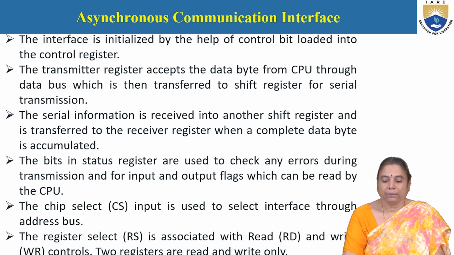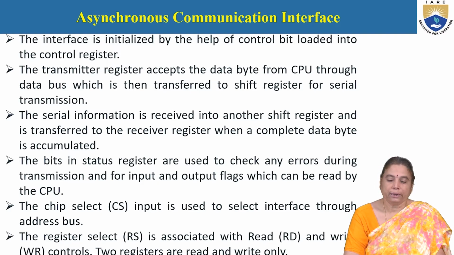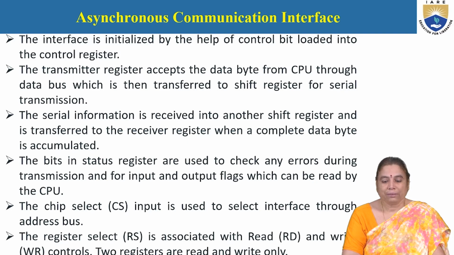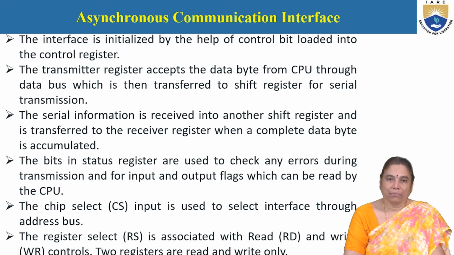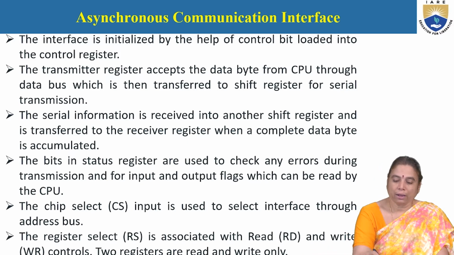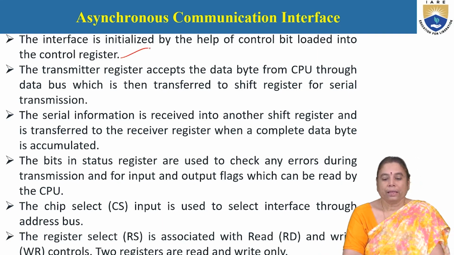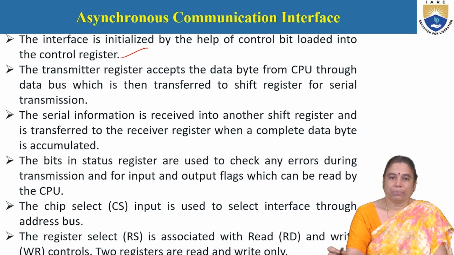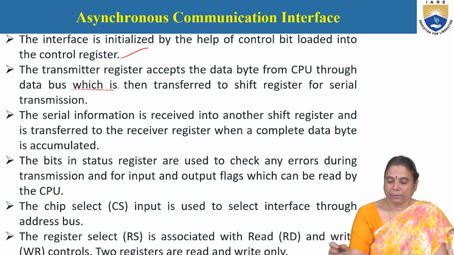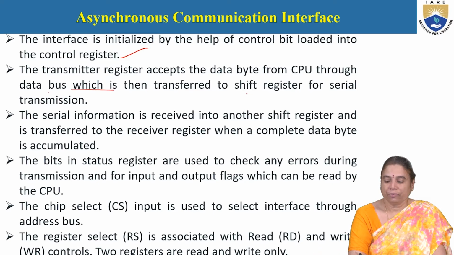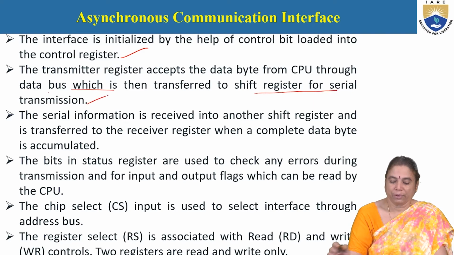So what is asynchronous communication interface? This interface is initialized with the help of a control bit loaded into the control register. Then the transmitter register accepts the data byte from the CPU through the data bus, then transfers it to the shift register for serial transmission.